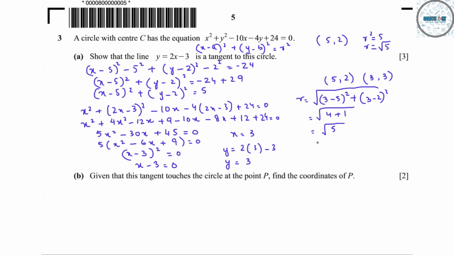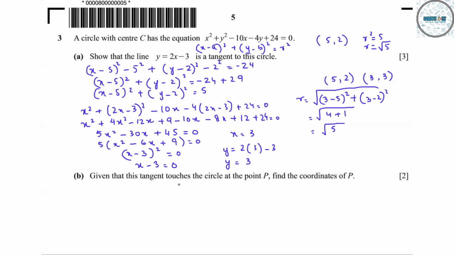So it is shown that the line y is equal to 2x minus 3 is tangent to circle, whose equation is x squared plus y squared minus 10x minus 4y plus 24 is equal to 0. Given that this tangent touches the circle at the point P, find the coordinates of P.